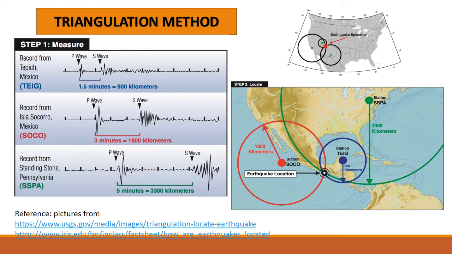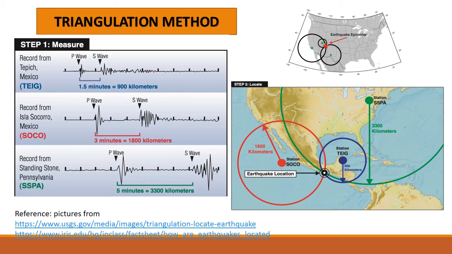And then the second one is 3 minutes, equivalent to 1,800 kilometers. And for the last one, the time difference in the arrival time of the P wave and S wave is 5 minutes, and the distance of the epicenter from the station is 3,300 kilometers. So choose one of the recording stations and measure the computed distance.